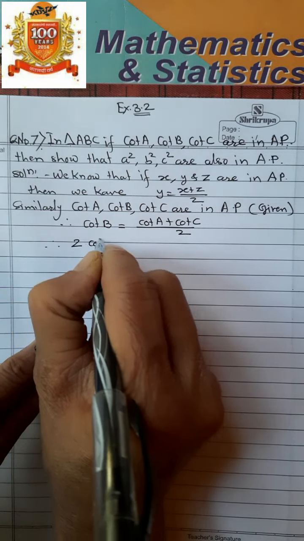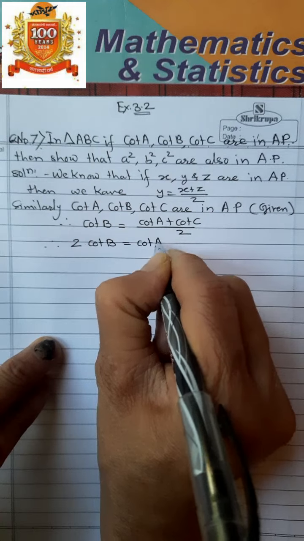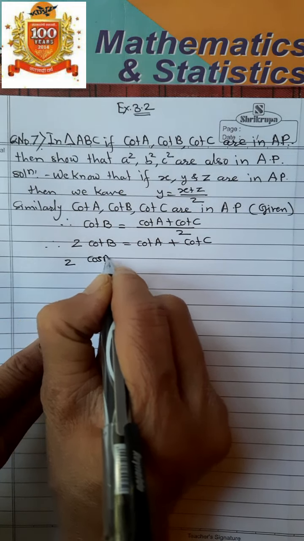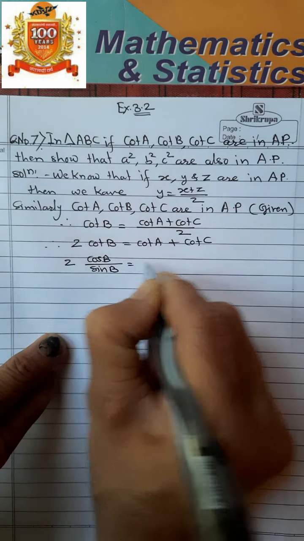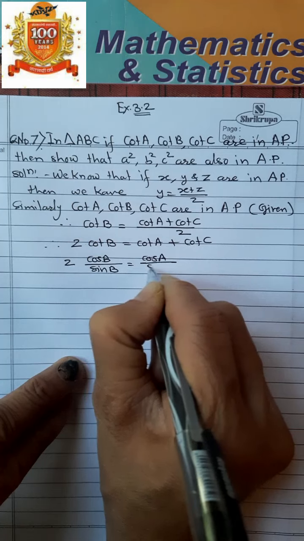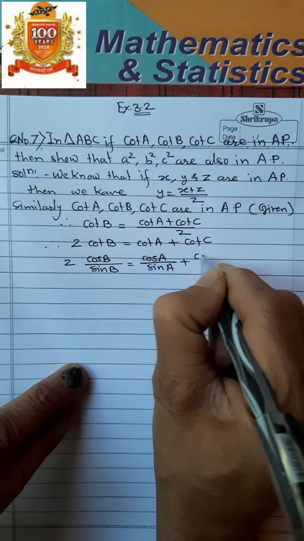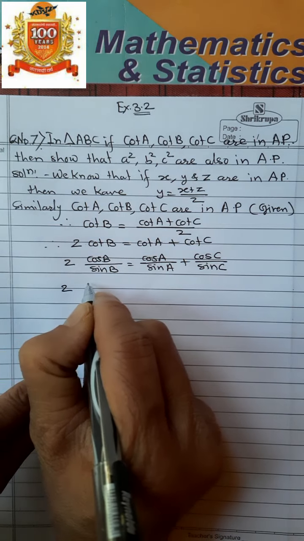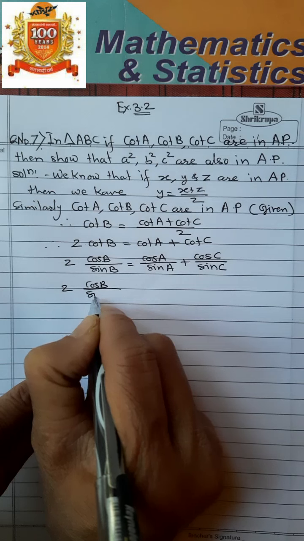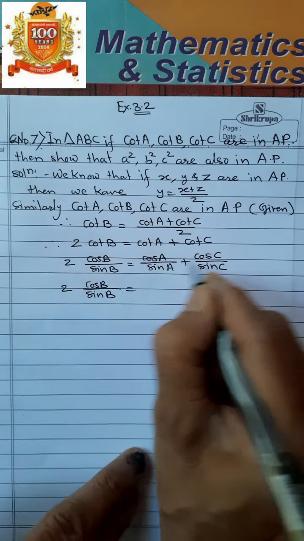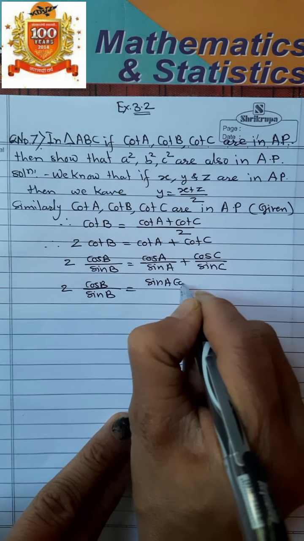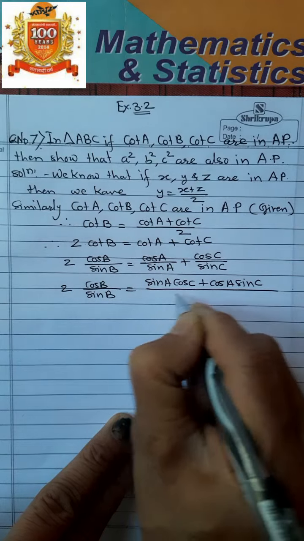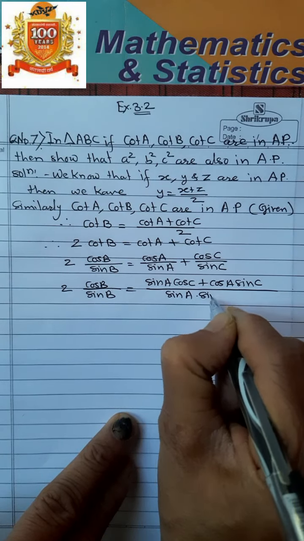Therefore, 2 cot B is equal to cot A plus cot C. That is, 2 cos B upon sin B is equal to cos A upon sin A plus cos C upon sin C. Therefore, 2 cos B upon sin B is equal to (sin A into cos C plus cos A into sin C) upon sin A into sin C.